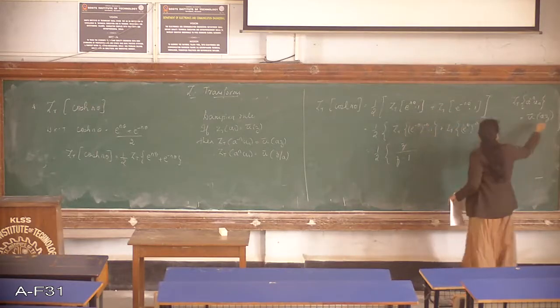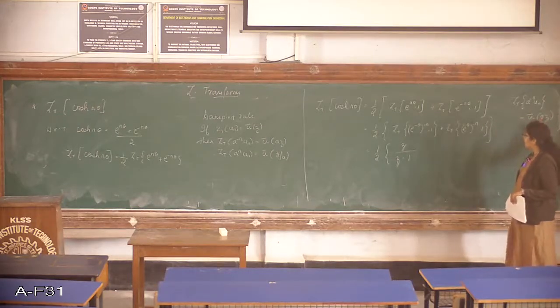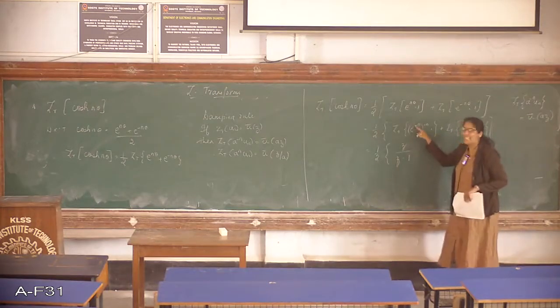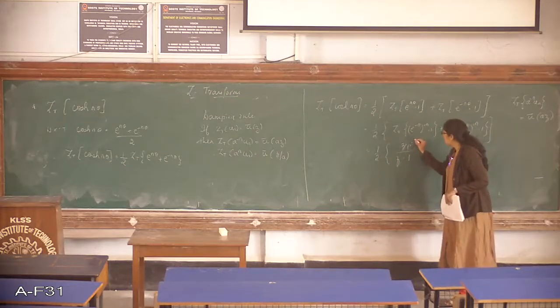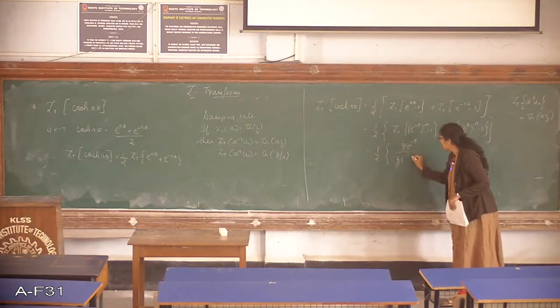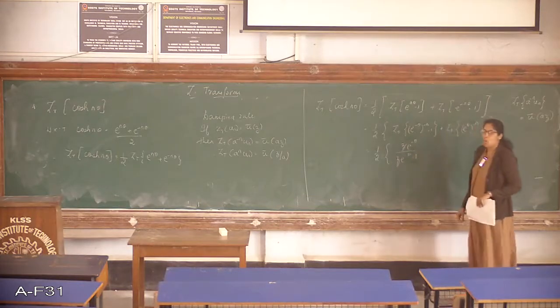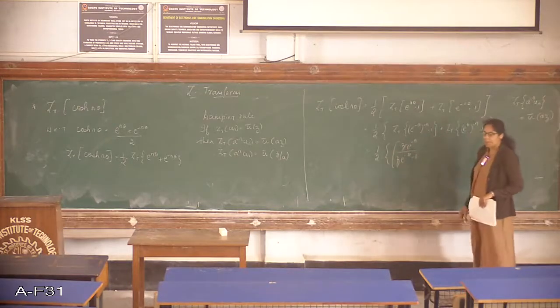So by the damping rule, here z gets multiplied with the function a. Here we have the function as e raised to minus theta, so this becomes z into e raised to minus theta, and again this becomes z into e raised to minus theta minus 1. This is by making use of the damping rule.